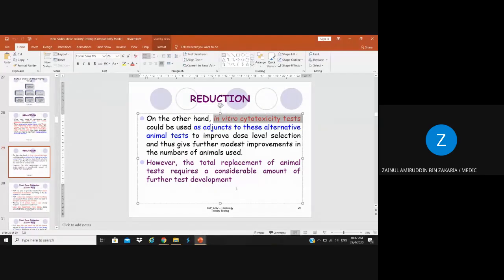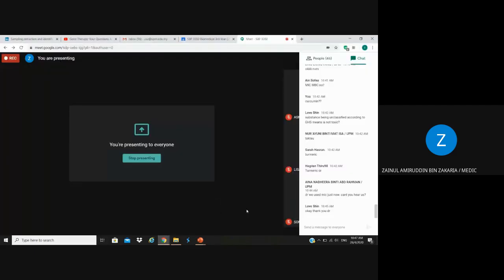Sometimes, this is my personal opinion, there are people who put a sticker on their car against animal testing. I think you don't have to put that kind of thing. Because you still take paracetamol when you have a headache. That paracetamol came from animal testing. So if you don't want animal testing, you should find any painkiller that has been produced without using animals.